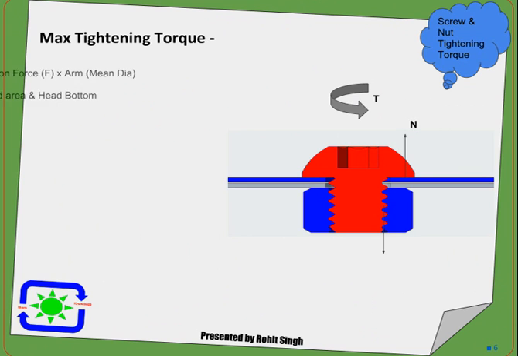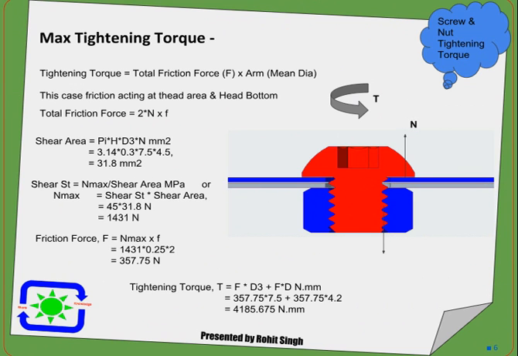So for maximum tightening torque, tightening torque is equal to total friction force times the torque arm. In this case friction acts at the thread area as well as at the bottom. Total friction force is 2 times normal reaction times coefficient of friction. Shear area we can calculate because we know the chord height, the total thread engagement, and the shear diameter.